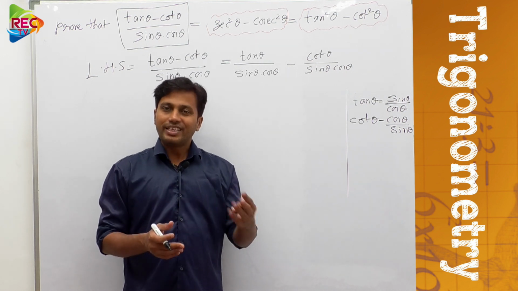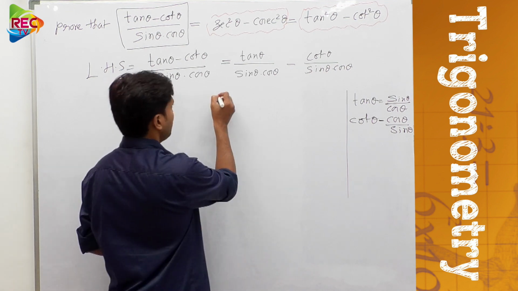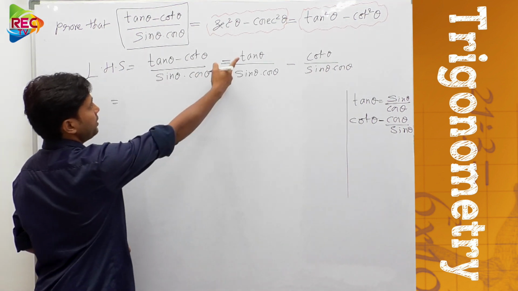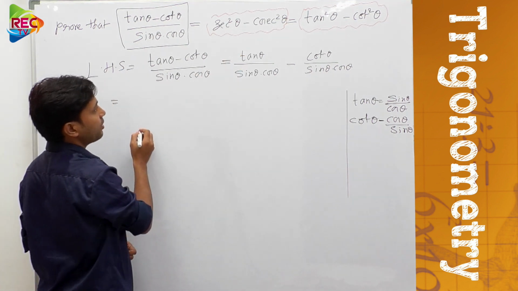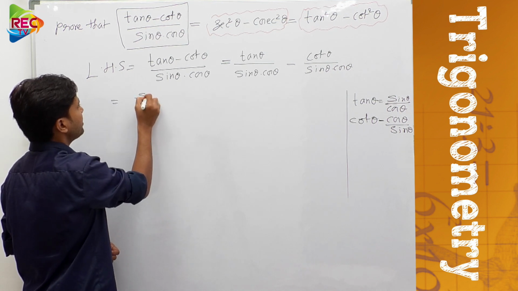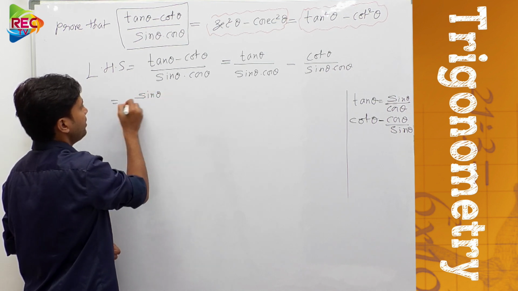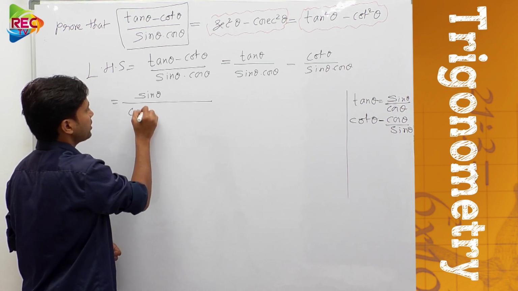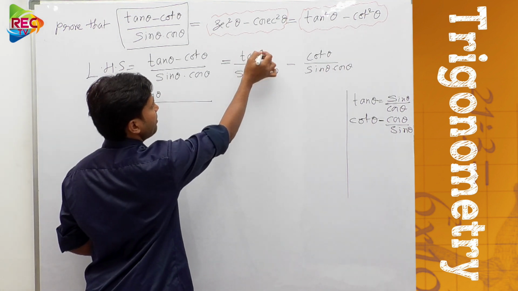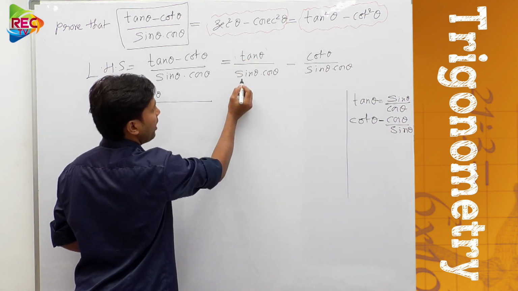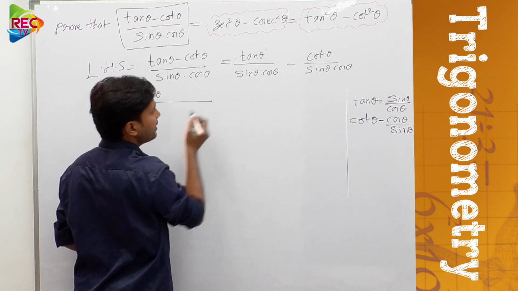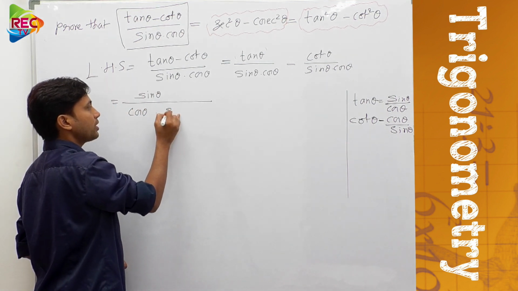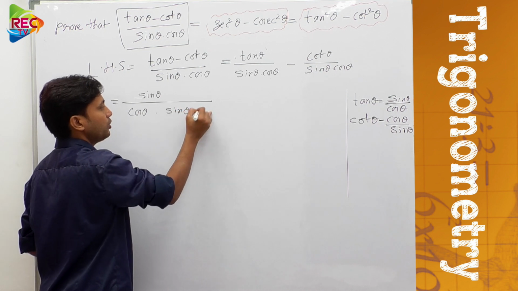To solve easily. Right, see here, tan theta can be written as sin theta by cos theta, and in the denominator there already exist sin theta into cos theta.